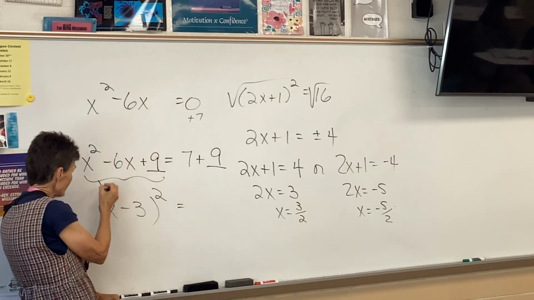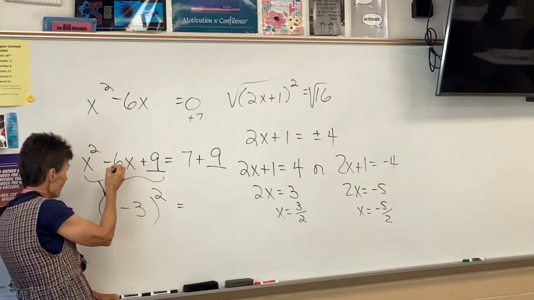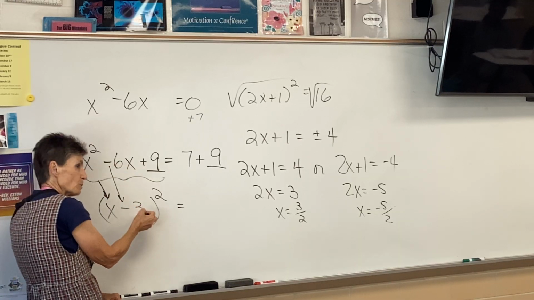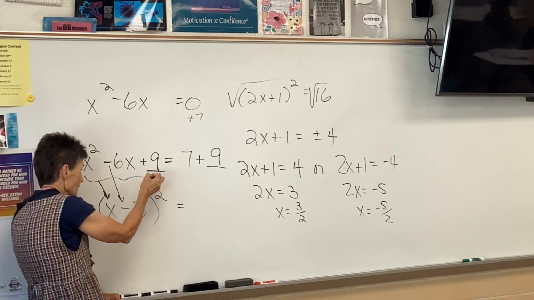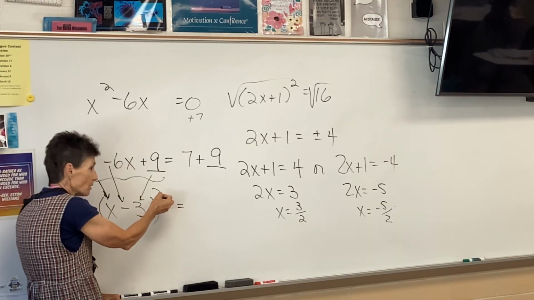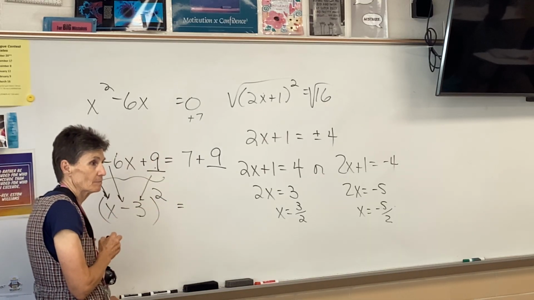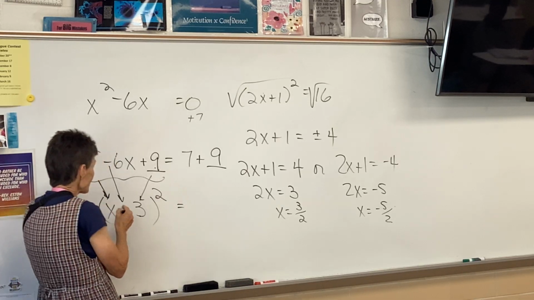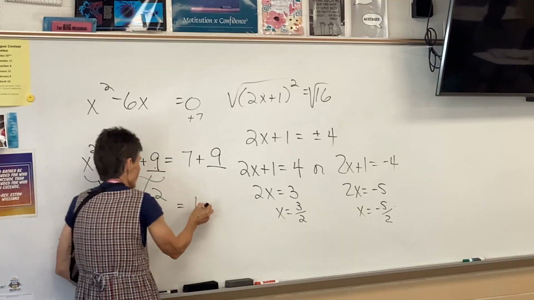X comes from here. The minus comes from here. And then 3 is what we squared to get the 9. So we have x minus 3 squared equals 16.